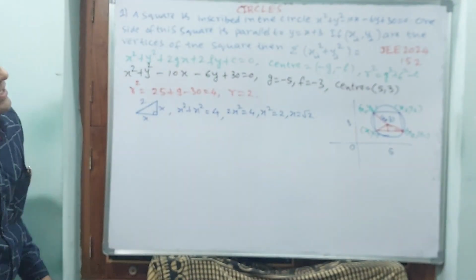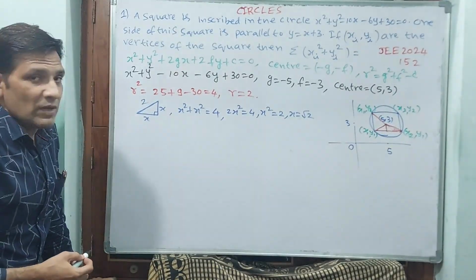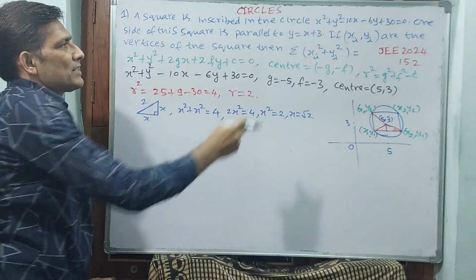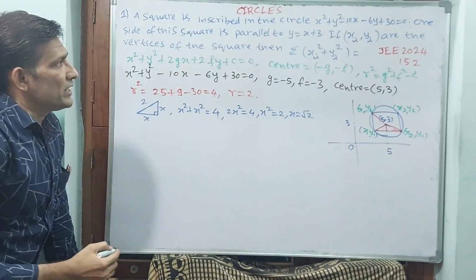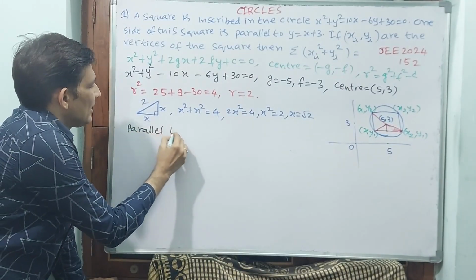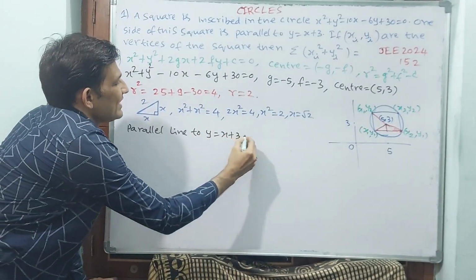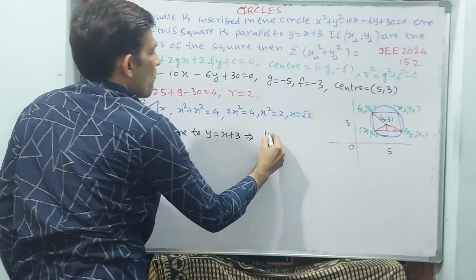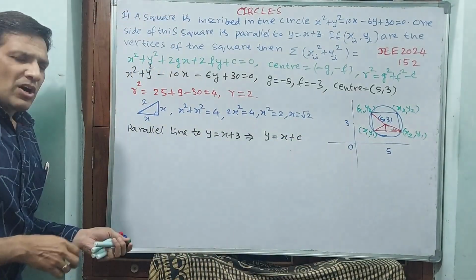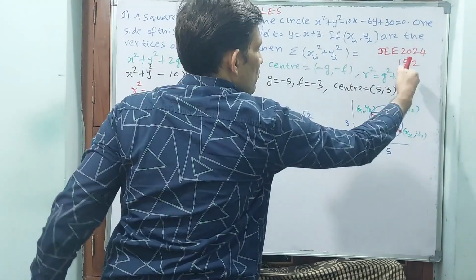Okay, let us see how we are going to find x1, y1 and x2, y2. One hint they have given. One of the sides, we don't know which side, is parallel to y is equal to x plus 3. See, the line parallel to y is equal to x plus 3 implies y is equal to x plus c. Some constant I will take. Y I have taken as x plus c, and next the perpendicular equation we have to take.